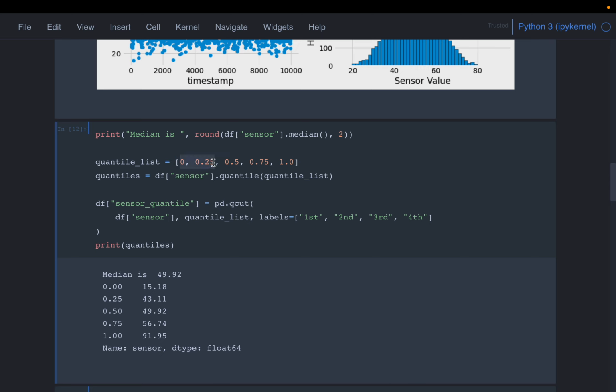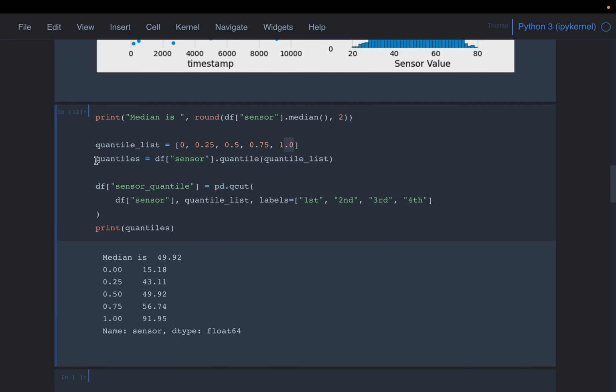For the first quantile, these are the boundaries we set: the lowest value up to this Q1, which represents the value below which we will have 25% of the data. Then 0.5 represents the median value, and above 0.75 we will also have 25% of the data, and this represents the maximum value in the data set.